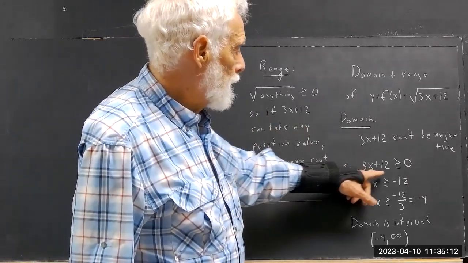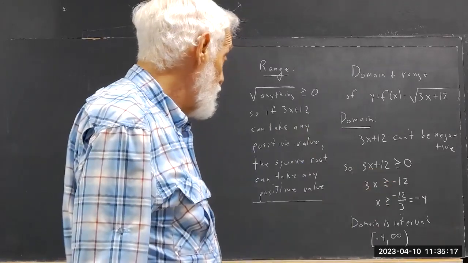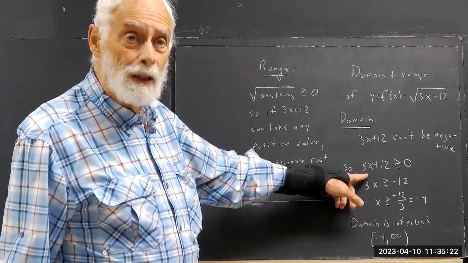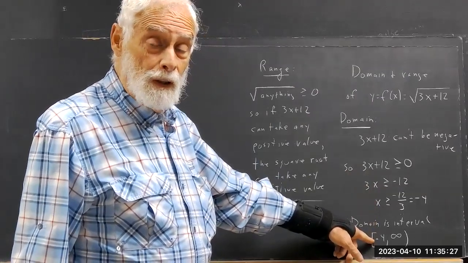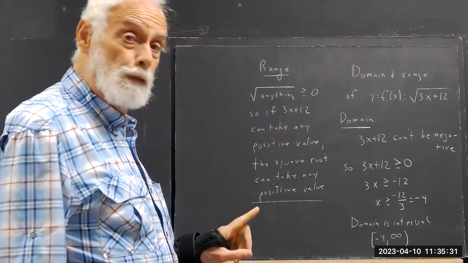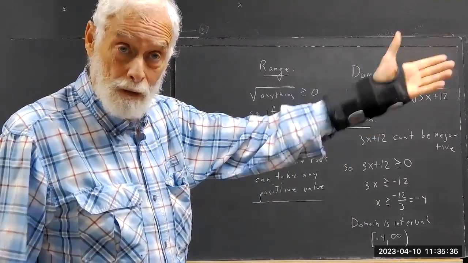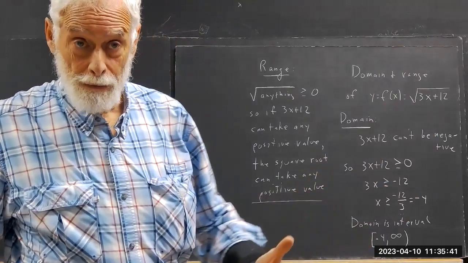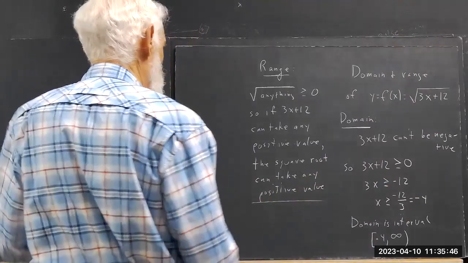The expression 3x plus 12 could be graphed. Okay. And for values greater than or equal to negative 4, this thing has a positive slope, and it's equal to 0 when x equals negative 4. Well, a straight line with a positive slope that's 0 at negative 4 is going to take any y value at all. It's going to keep climbing. It'll climb through all y values. So that's a bit of insight. It's nice to have. Now we can also show it algebraically, but we can show the graph.